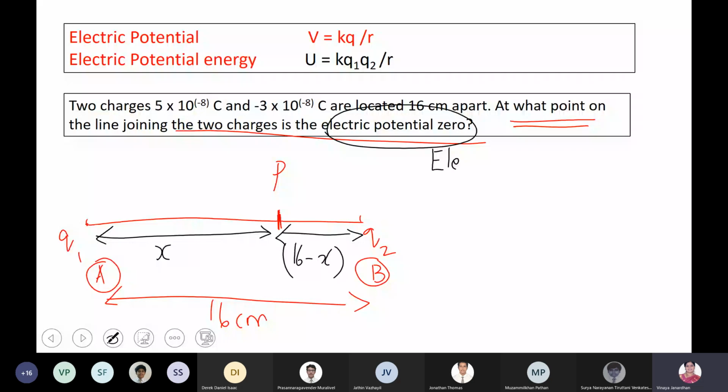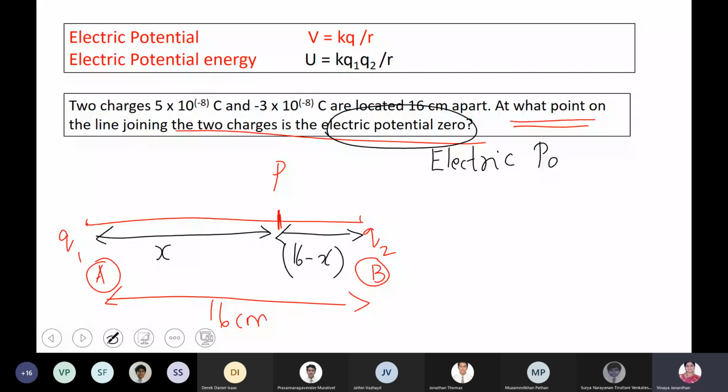So I can write electric potential at point P equals 0, due to Q1 and Q2, both the charges.